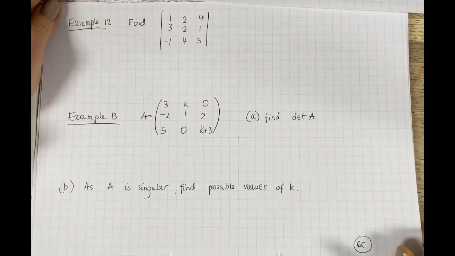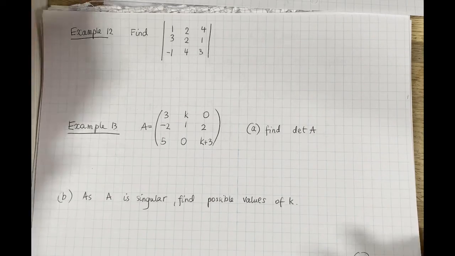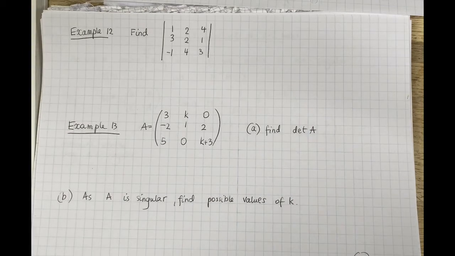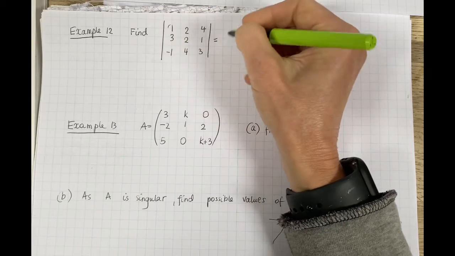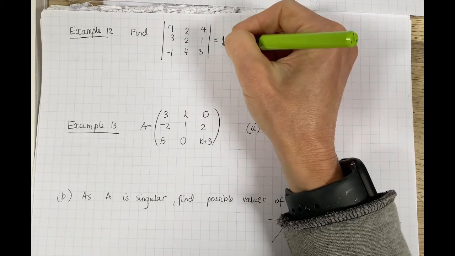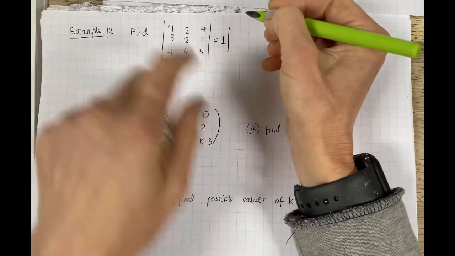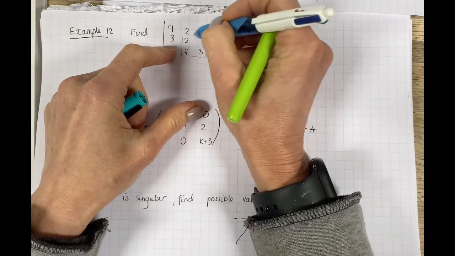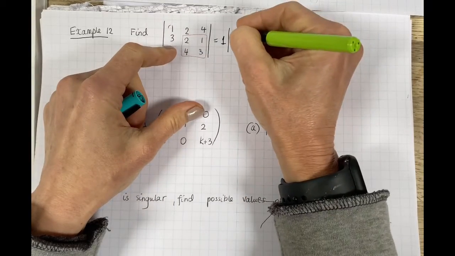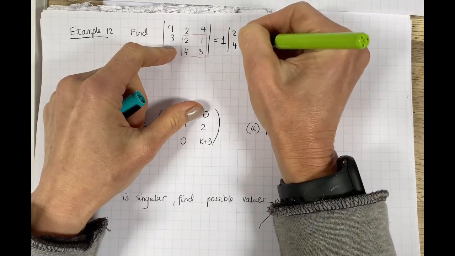Okay, so now in example 12, here clearly we need to find the determinant. So remember, we're going to take the first element, top left corner, so it's going to be 1. We're going to times it by the det of the matrix that's left, so this one. So let me just write it down.